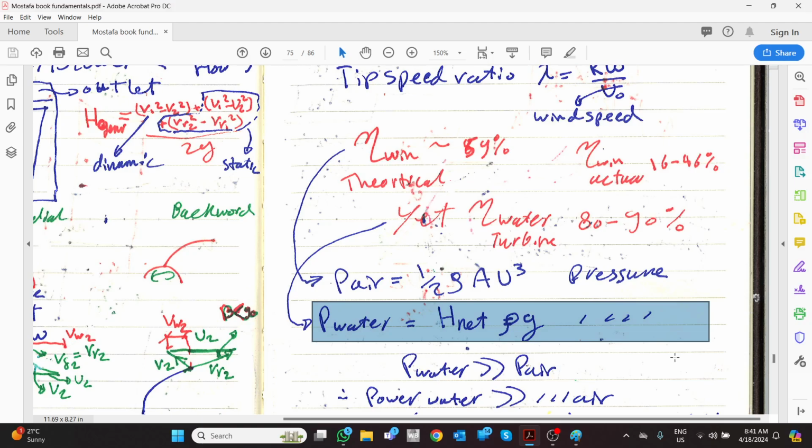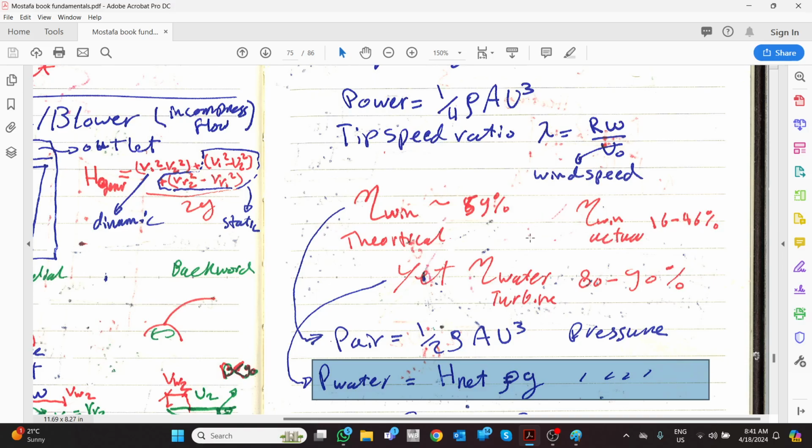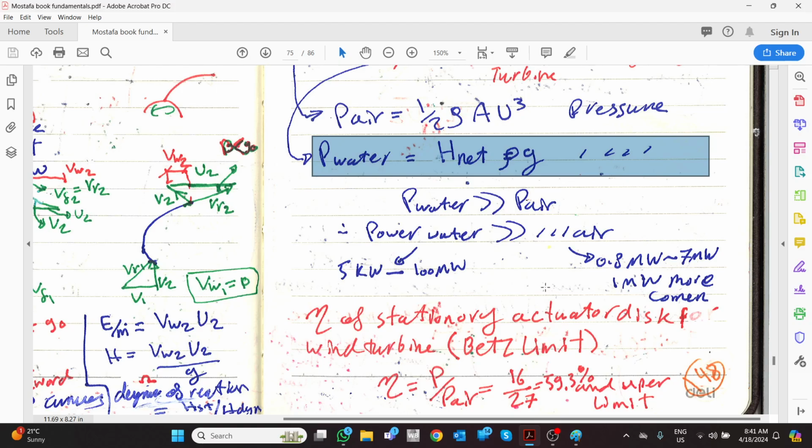But in the air, we are converting the kinetic energy we have, and that kinetic energy is very limited. You need very high input speed. This is why the water turbine has higher efficiency, and it even has higher power, by the way.